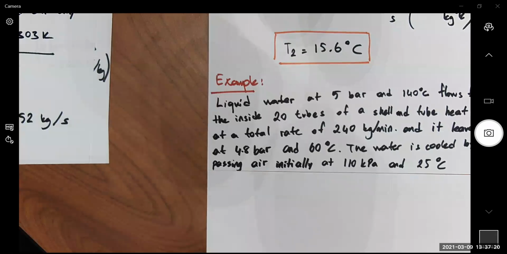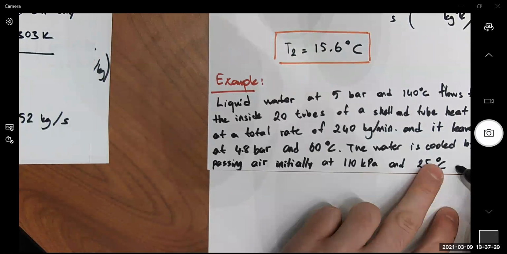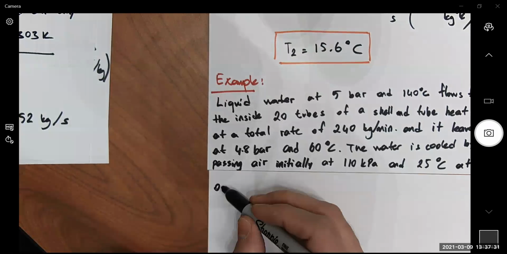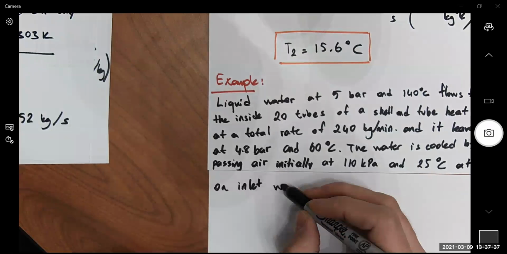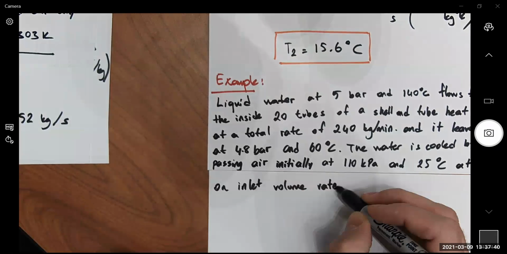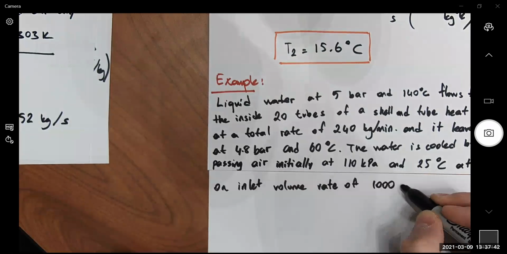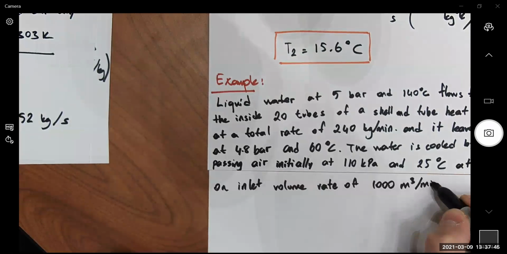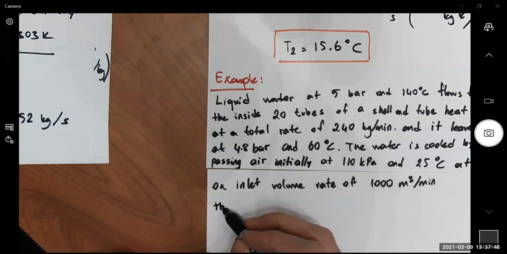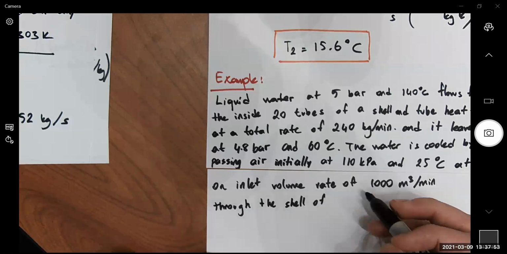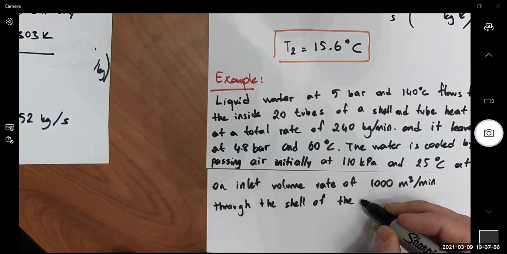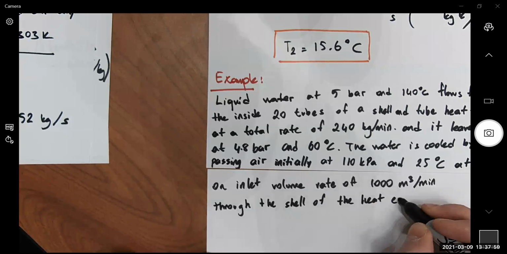Sorry, I sometimes forget, that's on the inlet volume rate of 1,000 meters cubed per minute, through the shell of the heat exchanger.